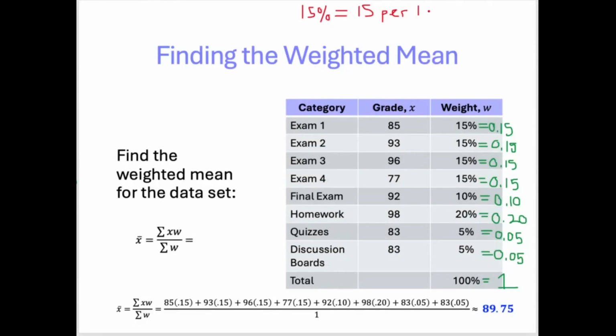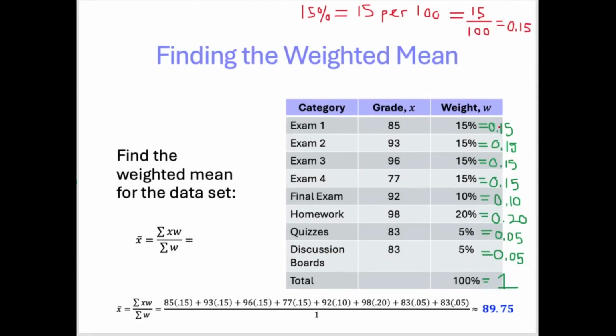So 15 per 100 is just 15 divided by 100, which is 0.15. You plug that into your calculator if you want, or you could just do the division by hand.